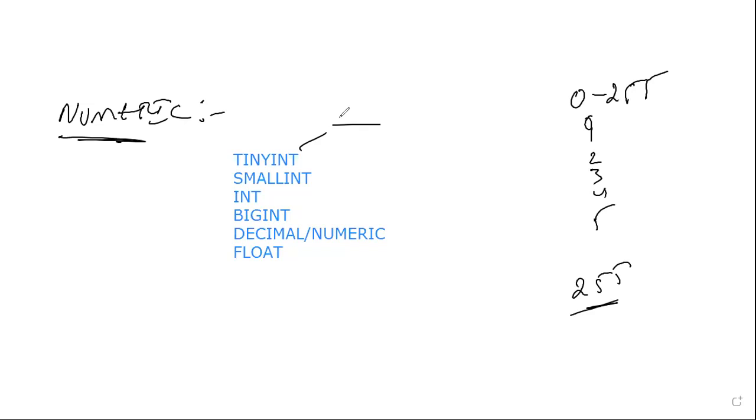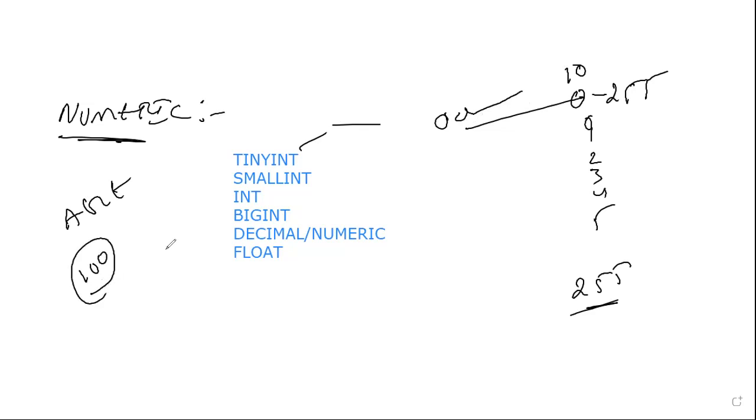Which perfect column will suit tiny int? Order numbers sometimes go up to 10 digits, so that won't help, but I can say age. Age does not exceed more than 100, right? Correct.